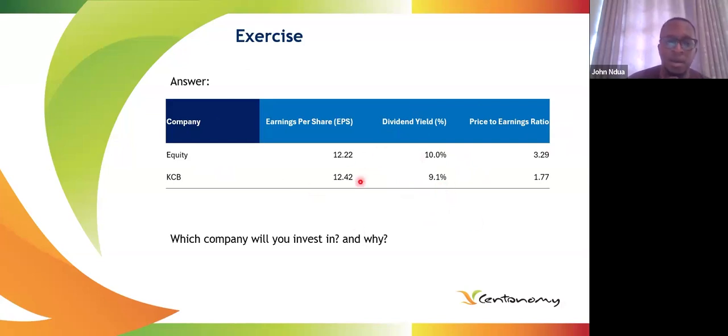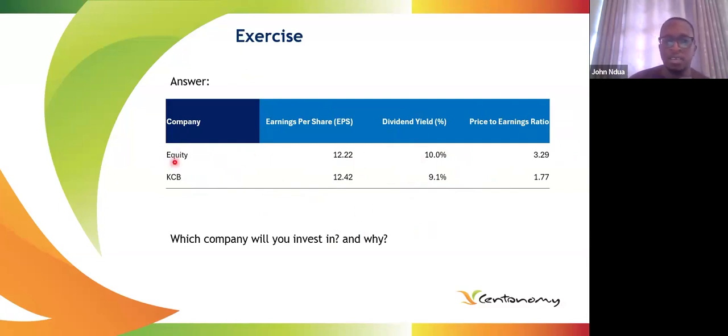So KCB is better. However, it does not mean that equity is a bad company to invest in. This is just a way for us to decide how to choose from two good companies if I want to choose between one. Okay? So this is how we do it.